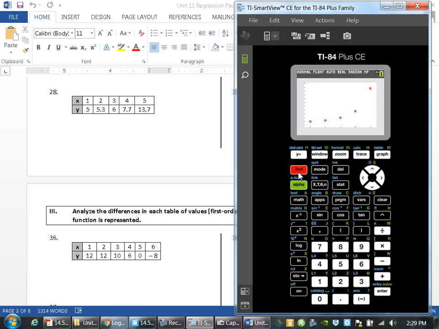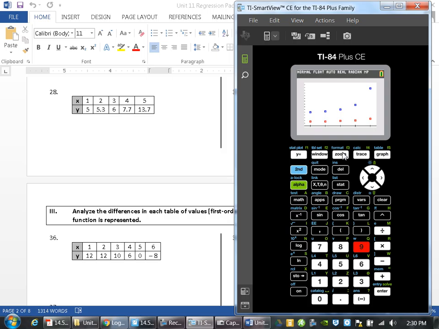I got to turn on the second one. I forgot to make it an L3. That's why. And then I use zoom 9, and it looks linear now, the red one.